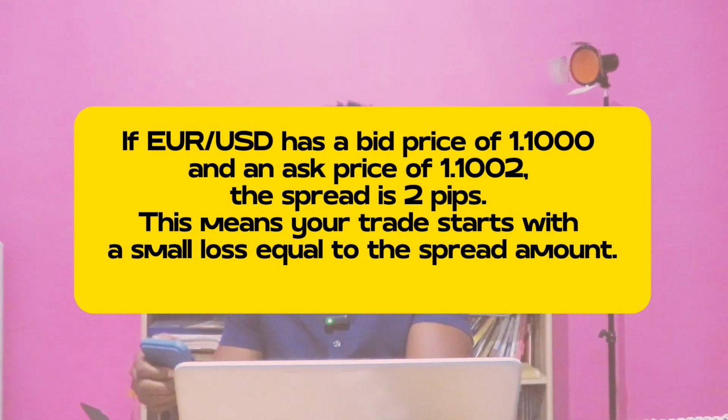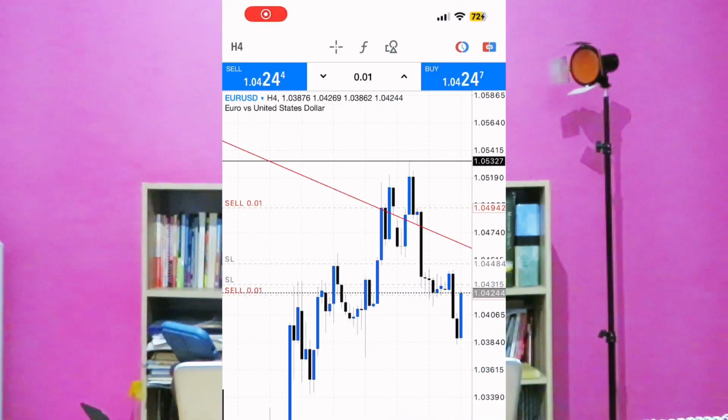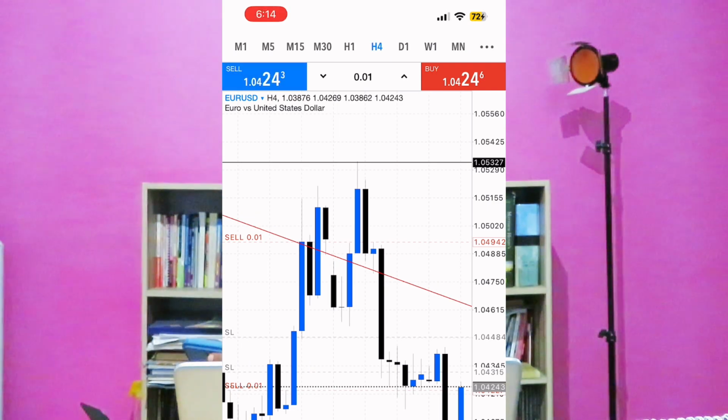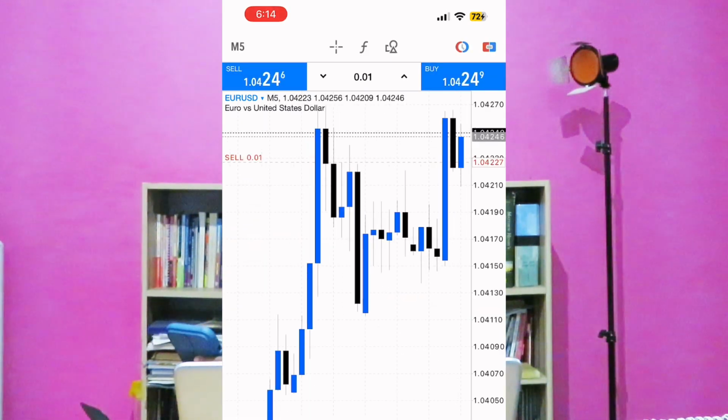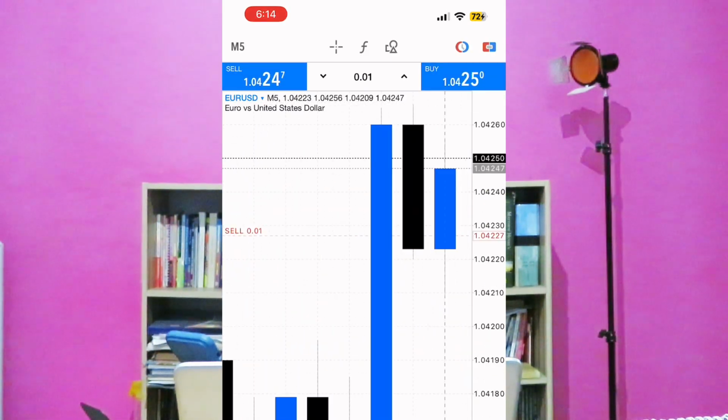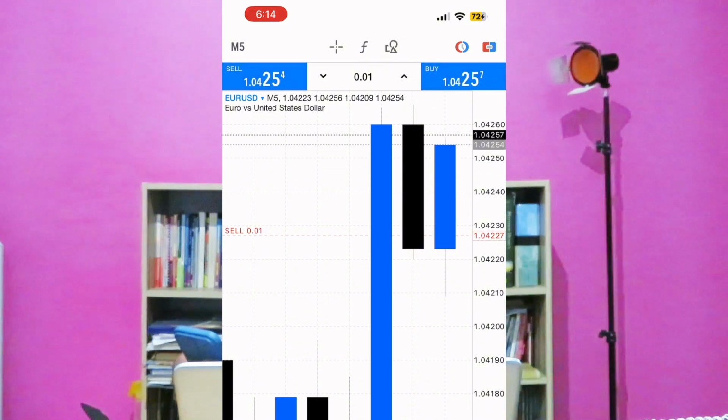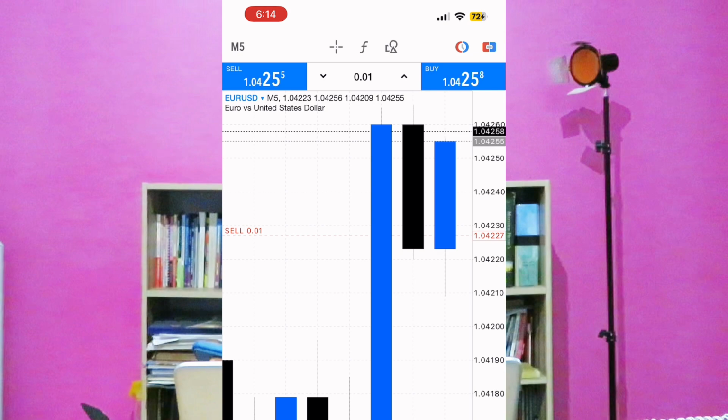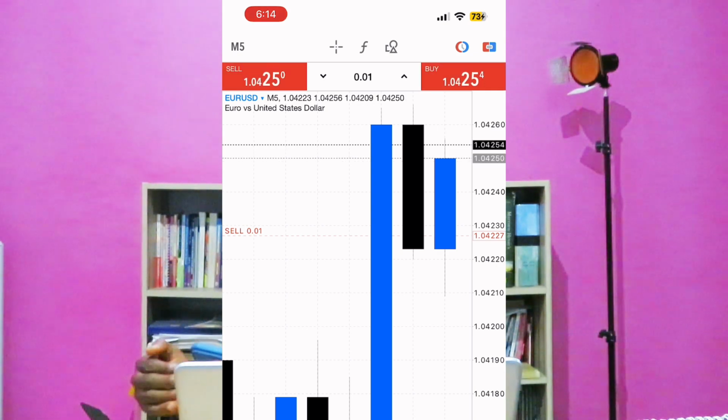Let me try and do another screen recording on my Euro USD. I have this small account that I'm trading, so you see the charts. Let me go to 1 minute time frame. You can see 2 lines, right? There's a line above and there's a line below. The line above is different from the line below.